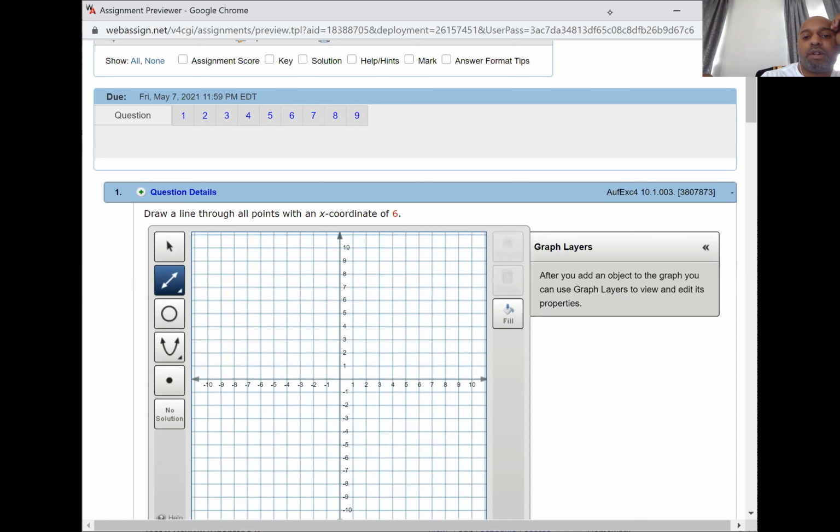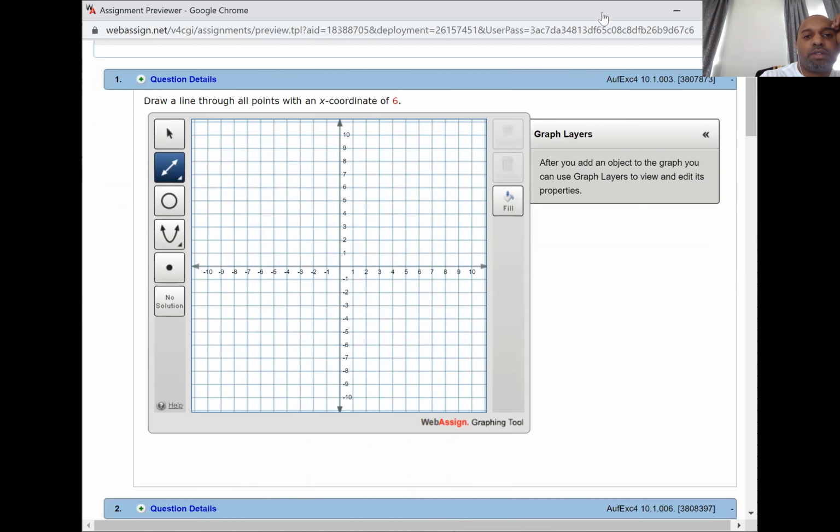It's not letting me graph. Click on this. All right, so now my line. For some reason, my point is not working. But anyway, you would click on this button right here. And for some reason, my touch screen is not working right now.